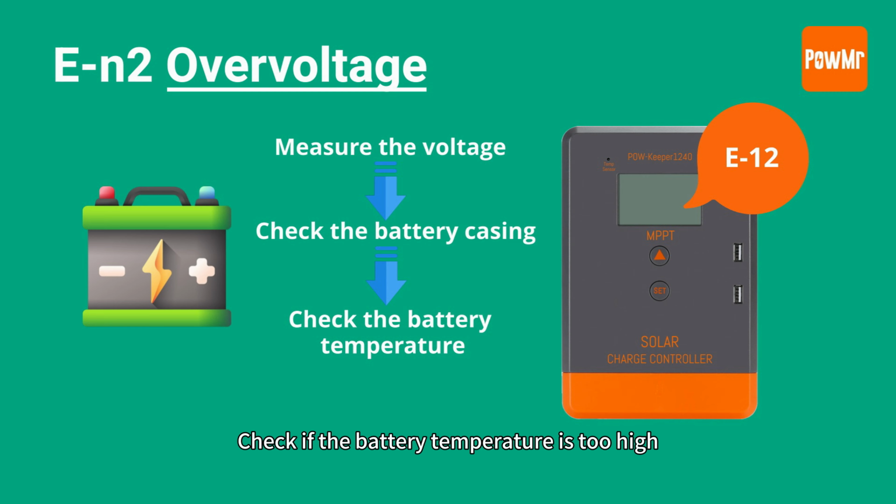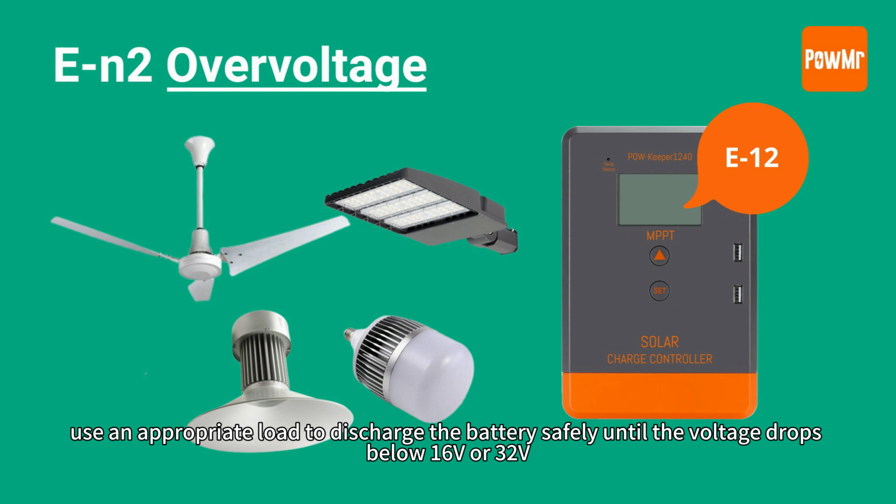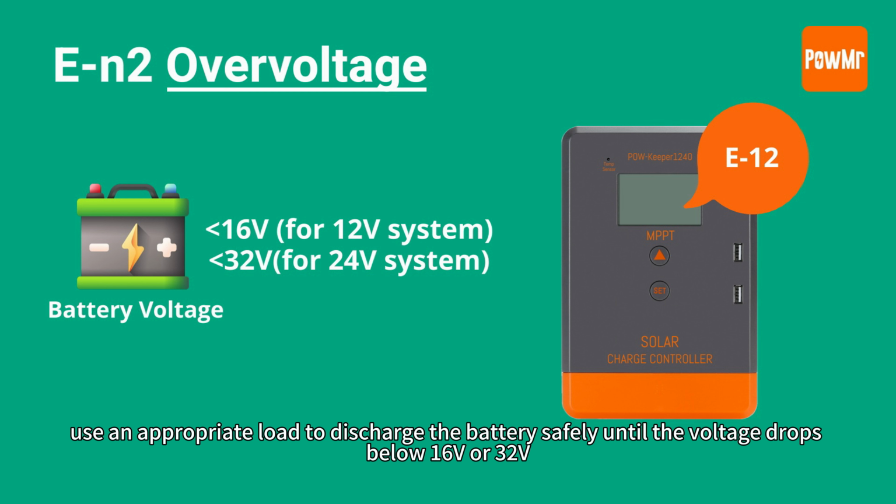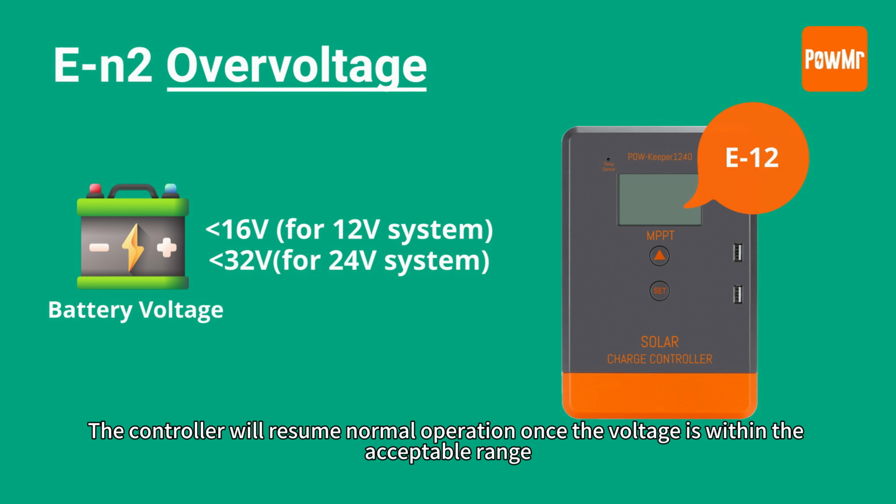Check if the battery temperature is too high. If the temperature is too high, let it cool naturally. Then use an appropriate load to discharge the battery safely until the voltage drops below 16 volts or 32 volts. The controller will resume normal operation once the voltage is within an acceptable range.